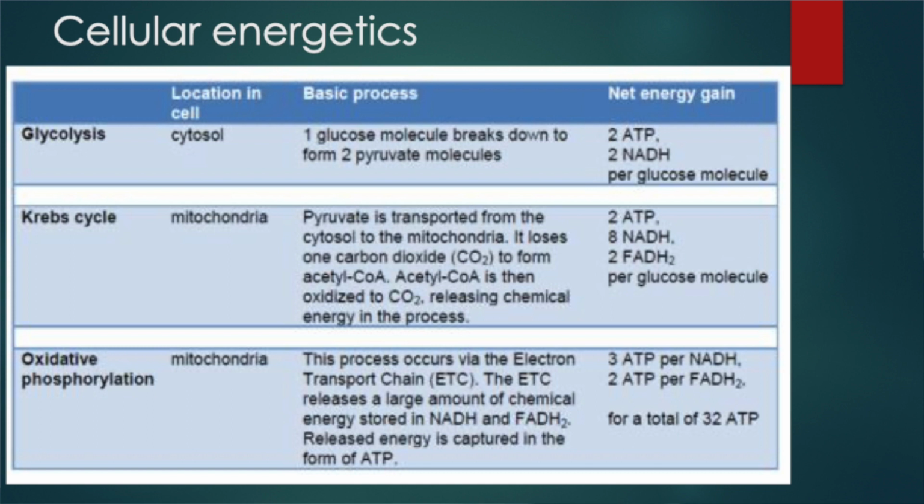So, in total around 32 ATP molecules are generated by glycolysis, Krebs cycle as well as oxidative phosphorylation together. So, this is the energetics in a normal cell.